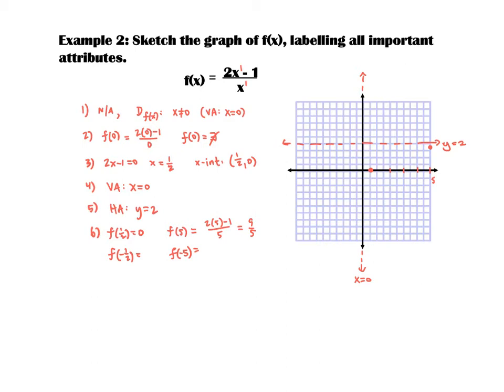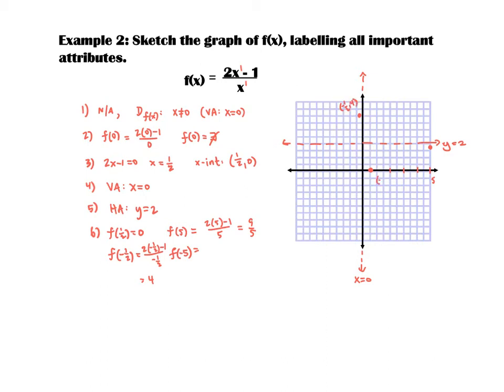f of negative 1/2 will be 2 times negative 1/2 minus 1 over negative 1/2. That is equal to 2 times negative 1/2 is negative 1, minus 1 is negative 2, over negative 1/2, which is a positive 4. So a positive 4 would be up here, at the point (-1/2, 4).